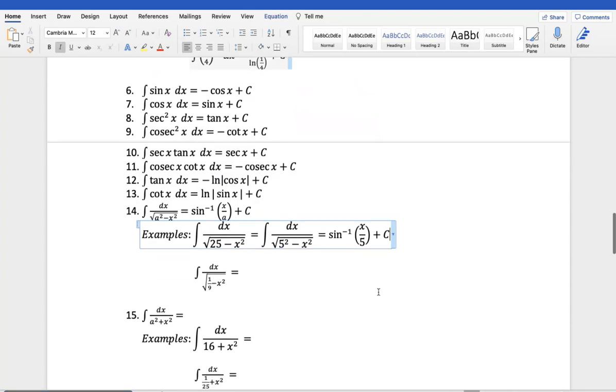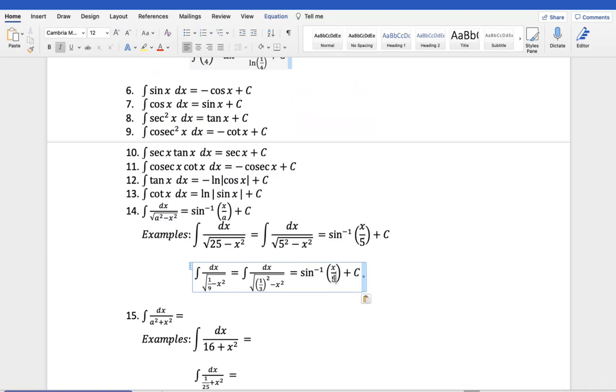That's straightforward. And in our next case, we have the integral of dx over the square root of 1 over 9 minus x squared. Once again, we note that 1 over 9 is just equal to 1 over 3 squared. So if we were to rewrite this as 1 over 3 in brackets squared, then we note that our a for our formula will just be 1 over 3.